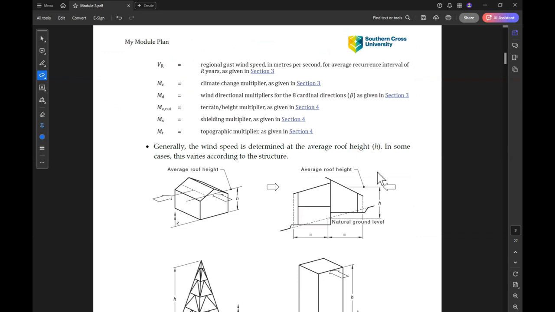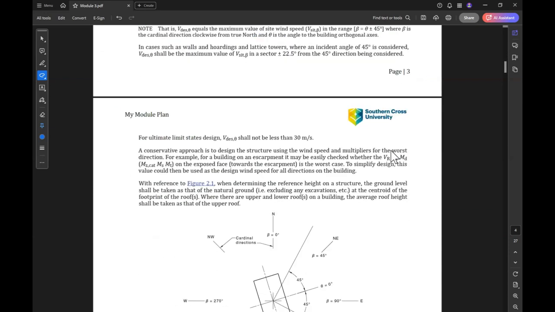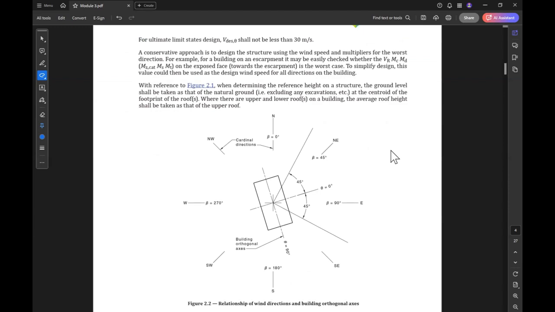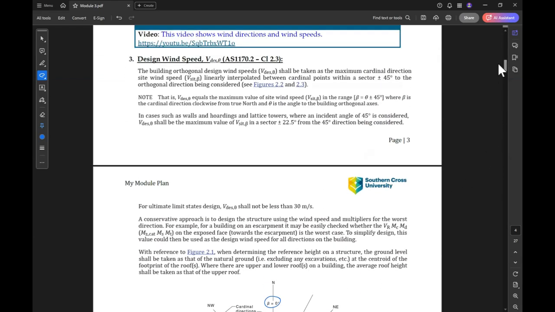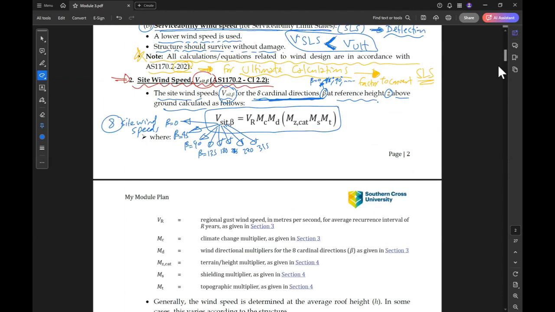So these are the beta values. We have these 8 values of beta, the 8 cardinal directions for site wind speed.